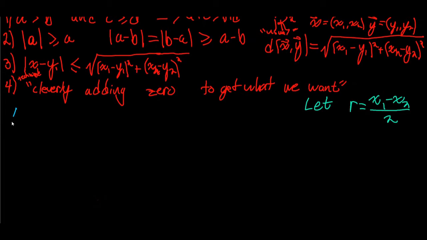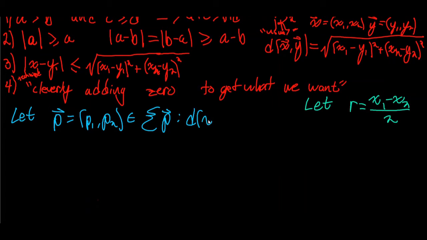So now let P, which is equal to P1, P2, be in the open ball of all points A such that the distance between X and A is less than our new radius, x1 minus x2, all over 2. Let P be in that open ball.